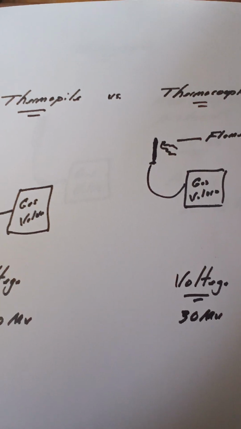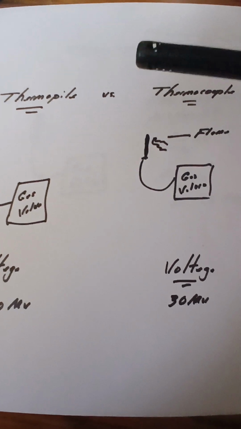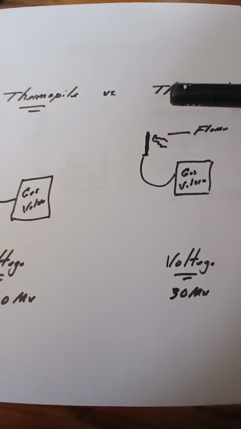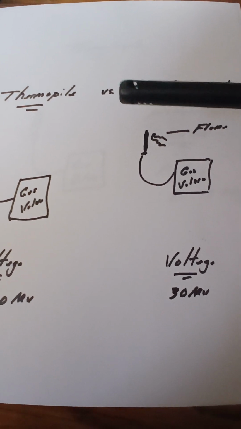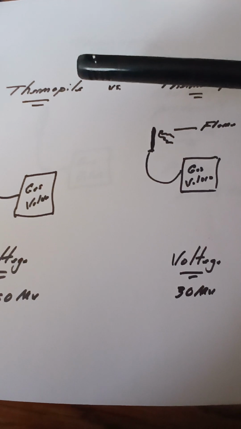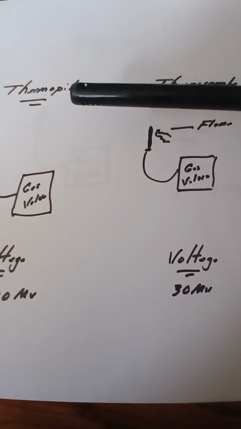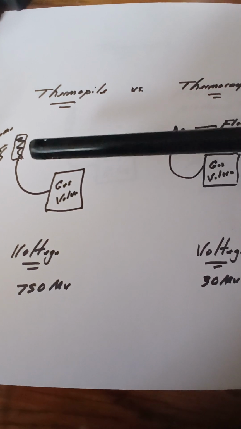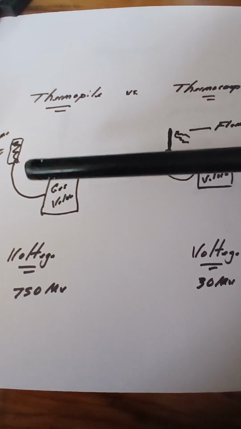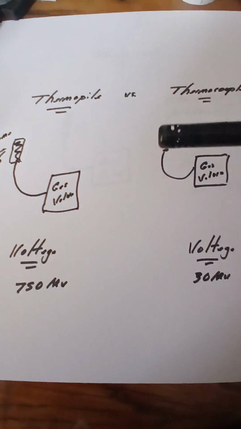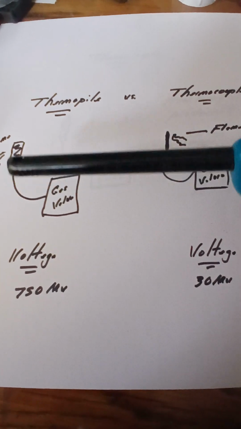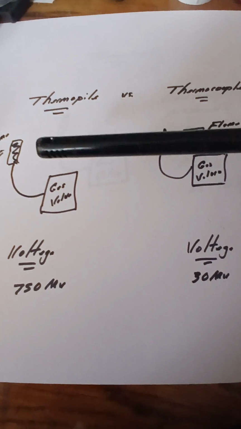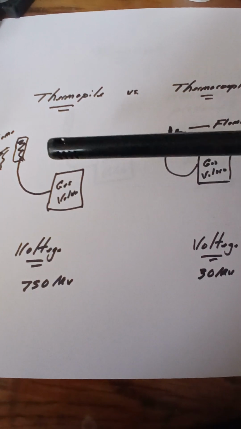So now let's rehash. What are the differences between the thermopile and the thermocouple? The thermopile, I've heard, is several thermocouples, but the function would be the same, but the end of this would be larger. It may be two or three of these stacked together, which allows, I guess, to create more voltage.